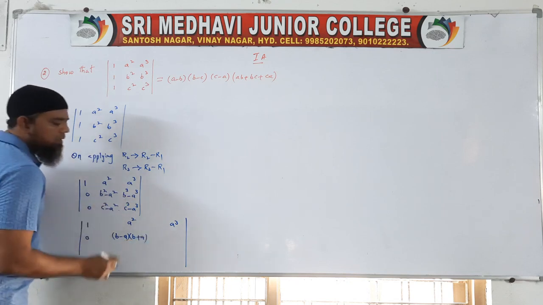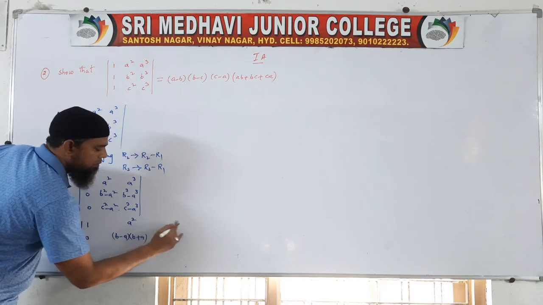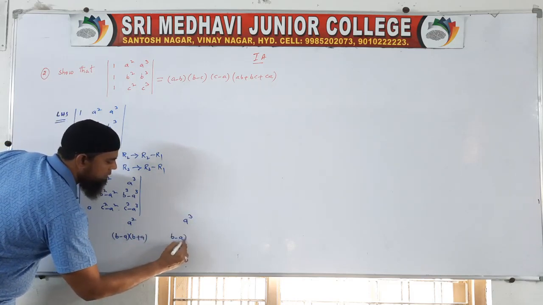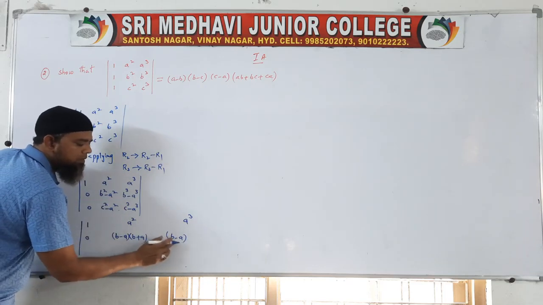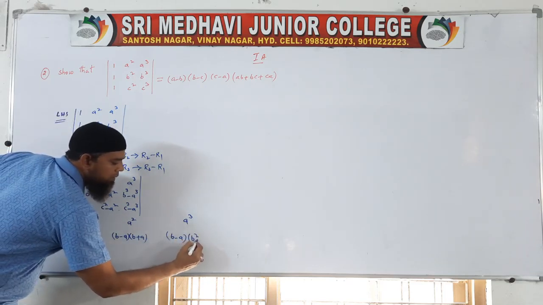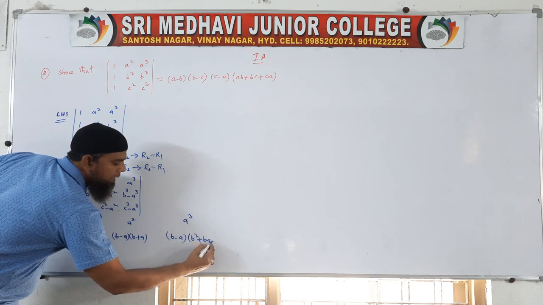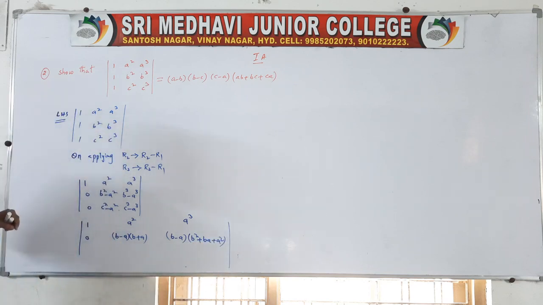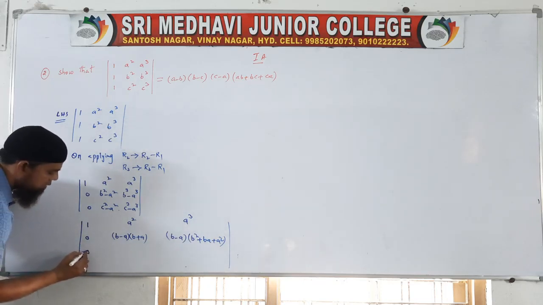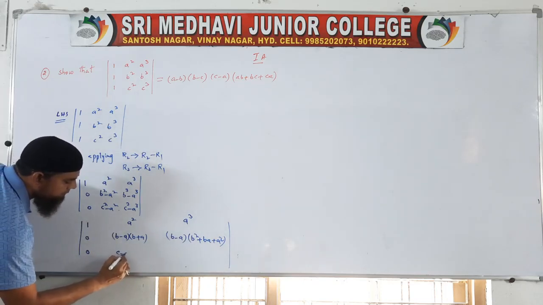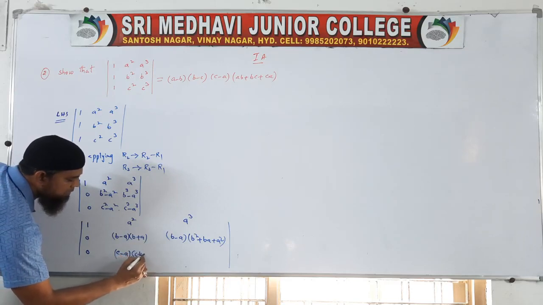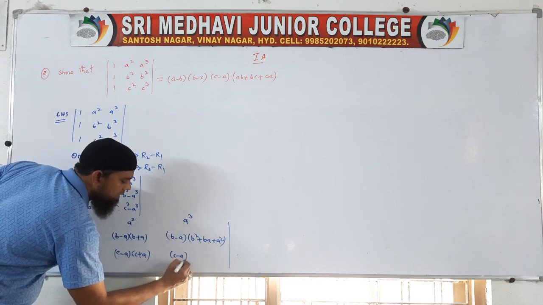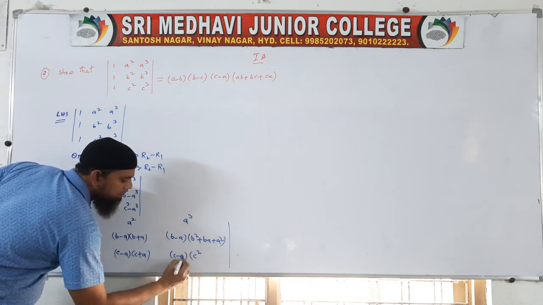The b cube minus a cube formula is b minus a into b square plus ba plus a square. Similarly, 0, c square minus a square is c minus a into c plus a, and c cube minus a cube means c minus a into c square plus ca plus a square.